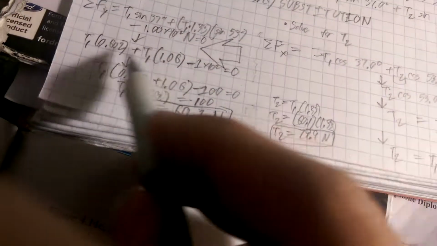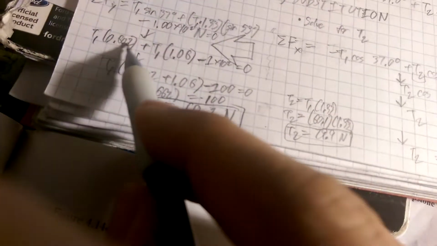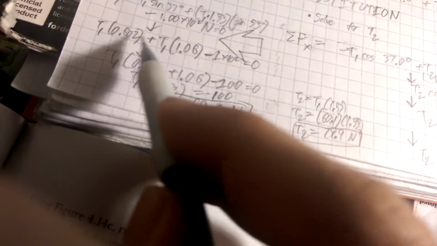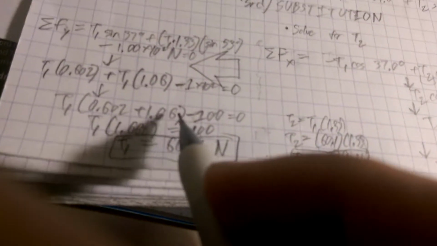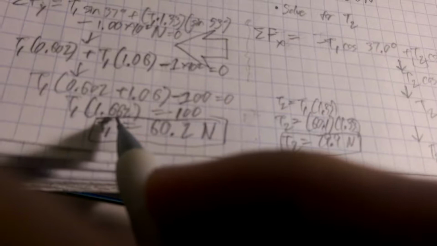And then simplifying that further, because they both share the same variable of T1 and T1, we could just add these two together because there's an addition sign here. So yes, we add these two together, we get 1.662.